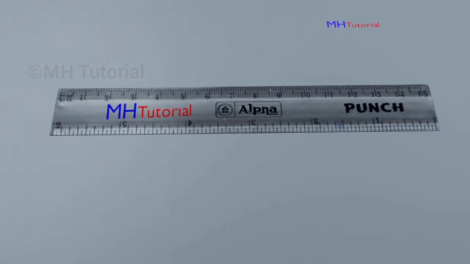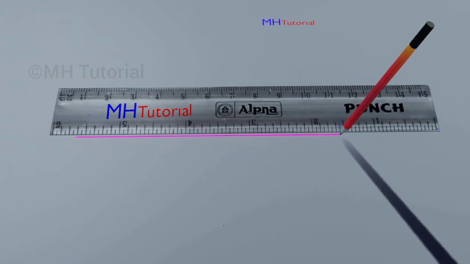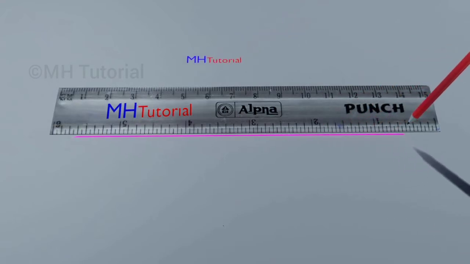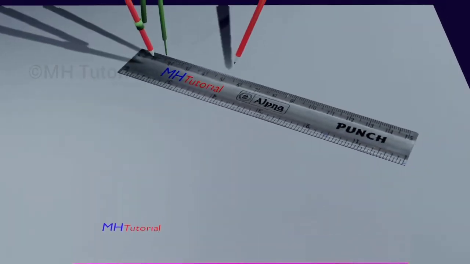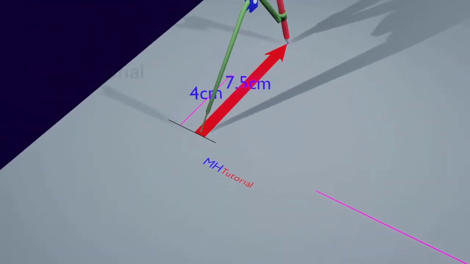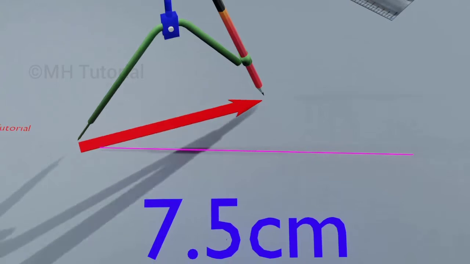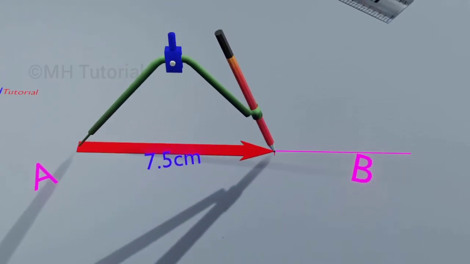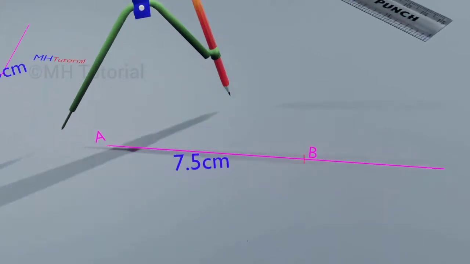Then a large line section of any length is drawn in the middle of the page. The length of 7.5 centimeters is copied using a compass. The same amount is cut out from the line segment on the mid-page. Let this part be named AB.